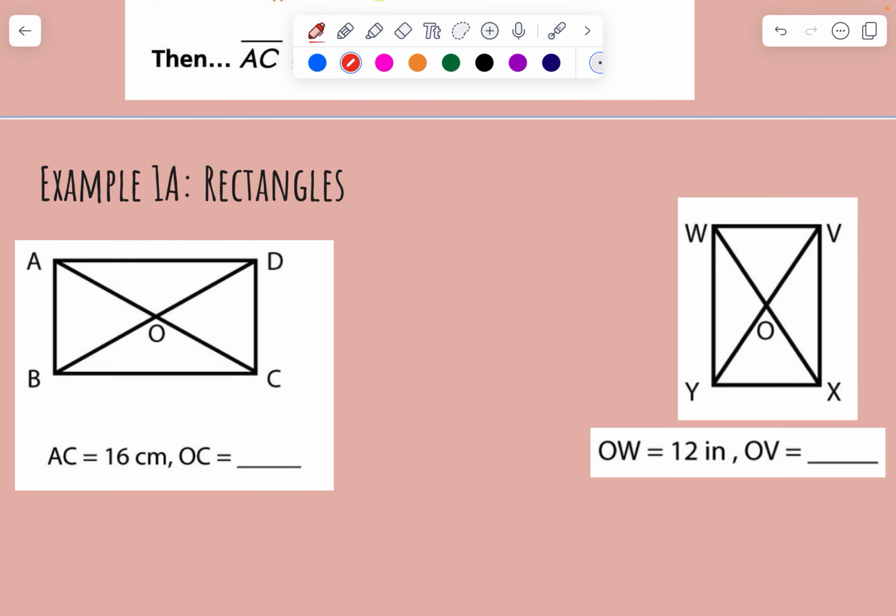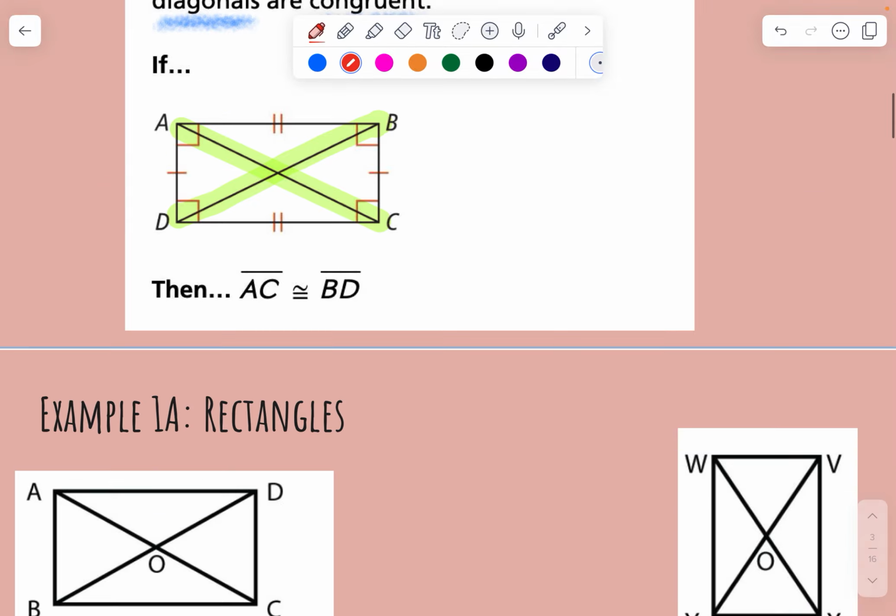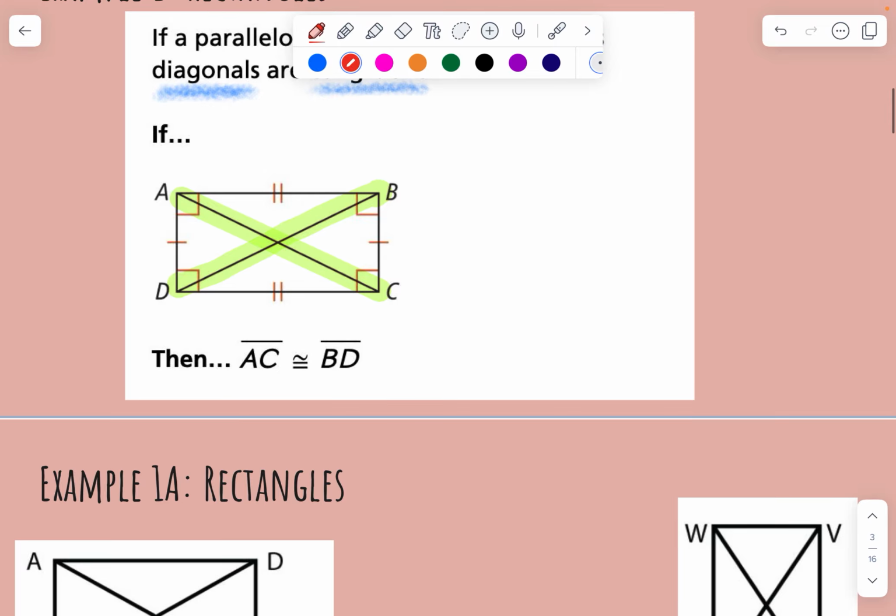So our first example here, they're telling me AC is 16 and wanting me to find OC. We learned from parallelograms that diagonals also bisect each other. So if we go back up here, each little part of the diagonal are also congruent to each other.